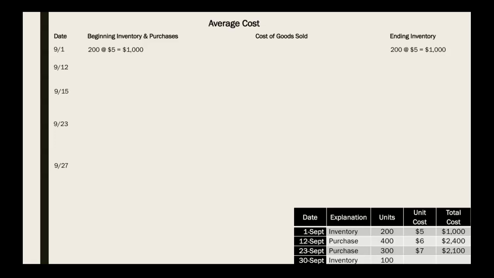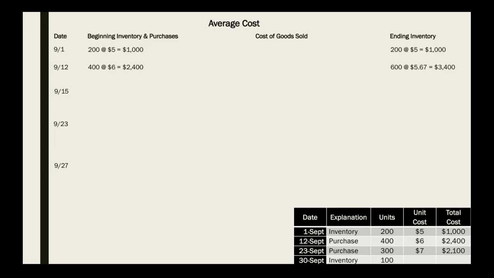So, here's what we need to write out. Our purchase on the 12th was 400 units at $6 a piece for a total of $2,400. Now, for your ending inventory, what we do is we add up our number of units.